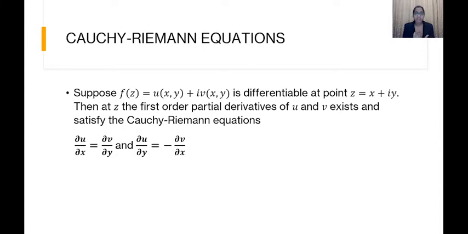That is, if we have a complex function f(z) = u(x,y) + i v(x,y), and if that function is differentiable at the point z, then at that particular point the first order partial derivatives of u and v exist, and also ∂u/∂x will be equal to ∂v/∂y, and ∂u/∂y will be equal to −∂v/∂x.